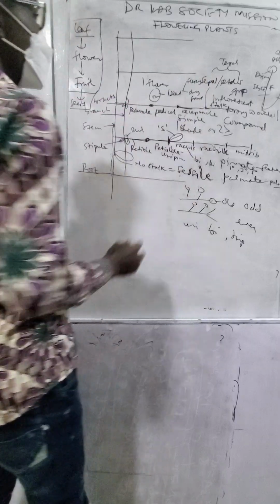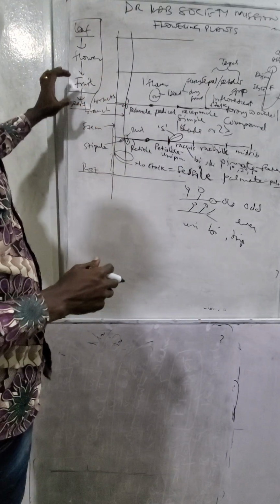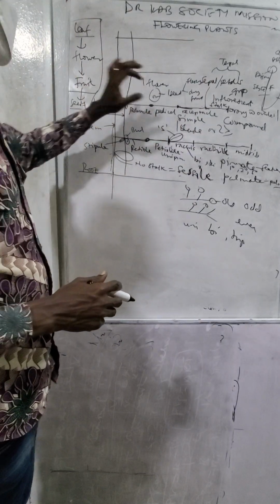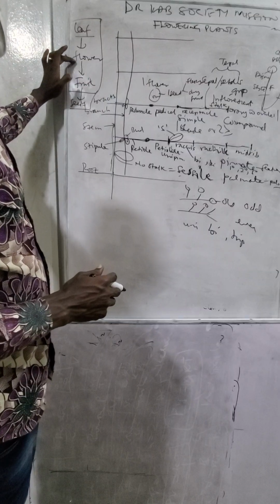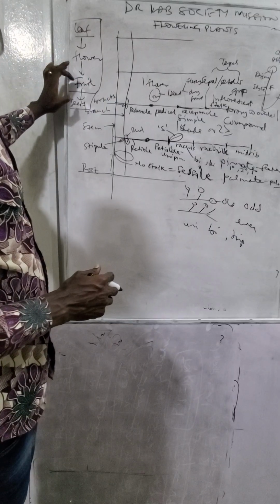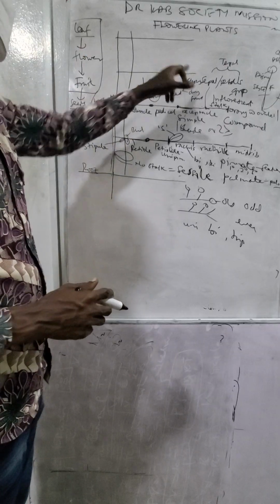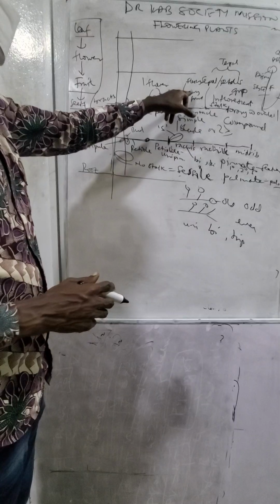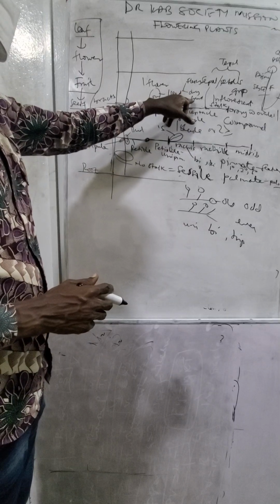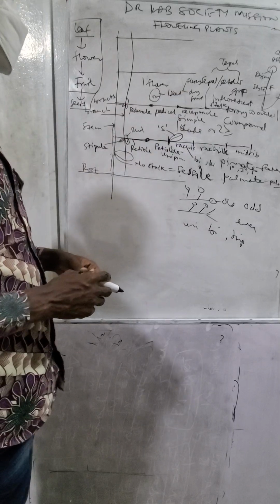Now you come to understand that all the flower parts become the fruits, and these fruits can be fleshy, or can be dry.